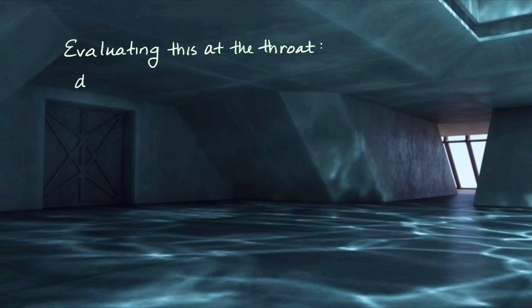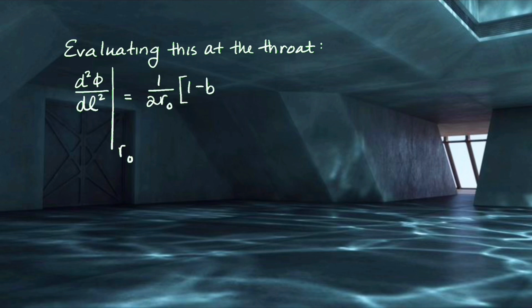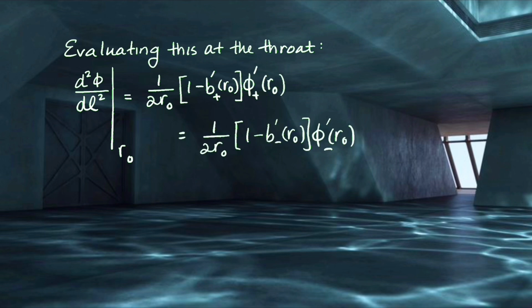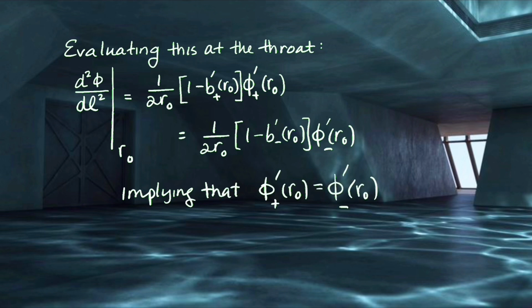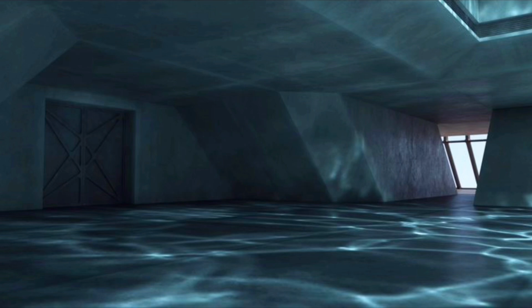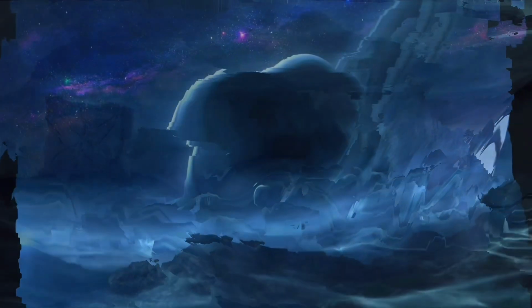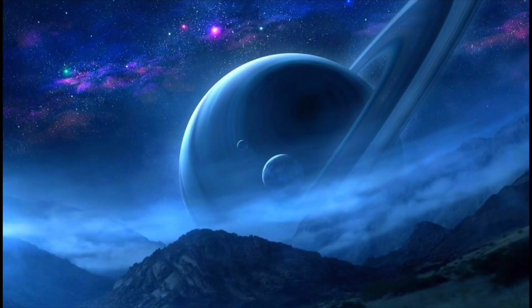Again, evaluating this at the throat, at r sub 0, we obtain the following values. And again, by symmetry, this implies that the rate of change of the redshift function on either end of the wormhole mouths are equal. Again, not an essential, but helpful property.